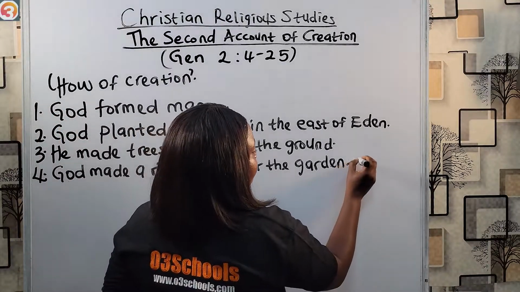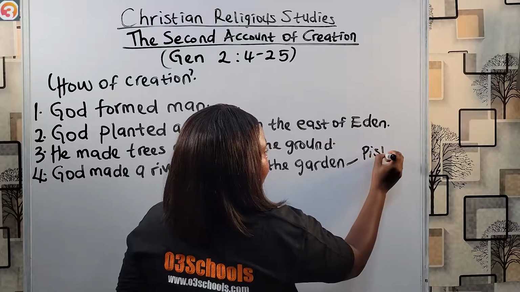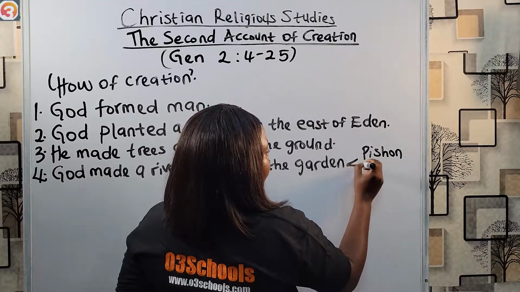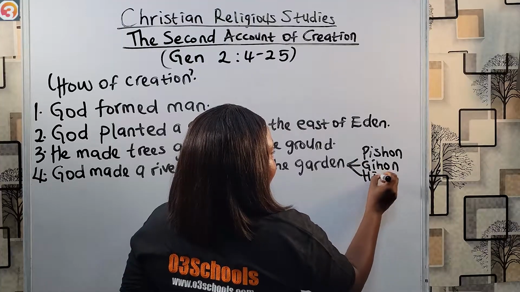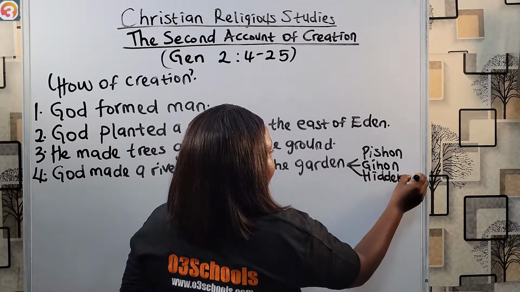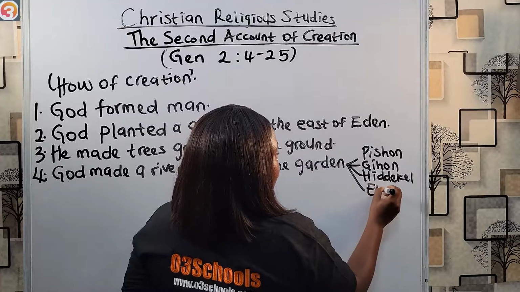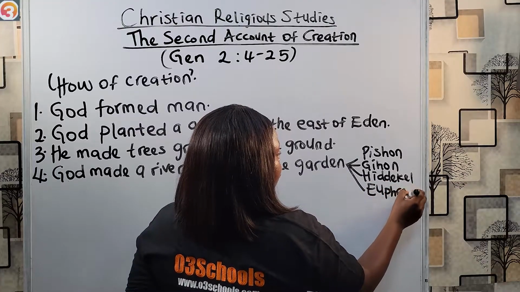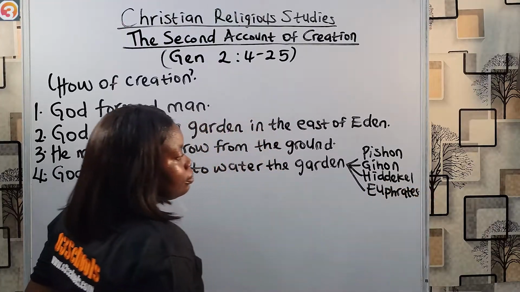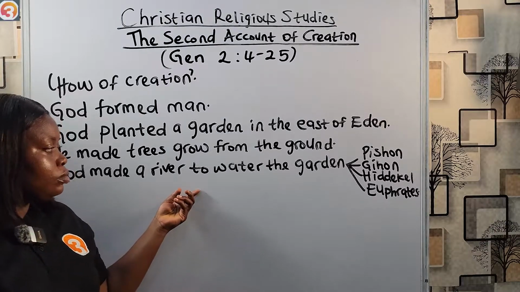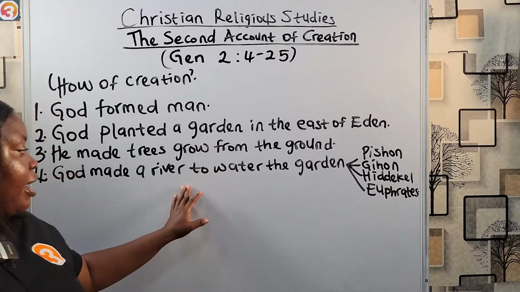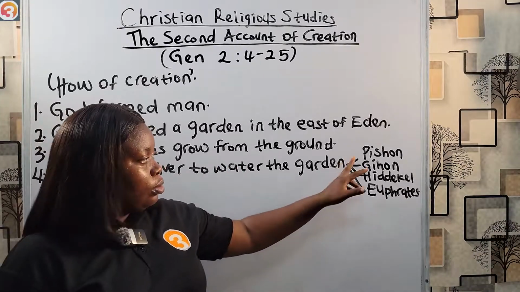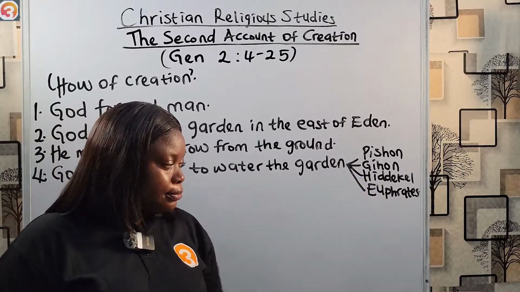We have River Pishon, River Gihon, River Hiddekel, and Euphrates. So God made a river to flow out of Eden and water the garden. The river divided into four rivers, and these are their names.